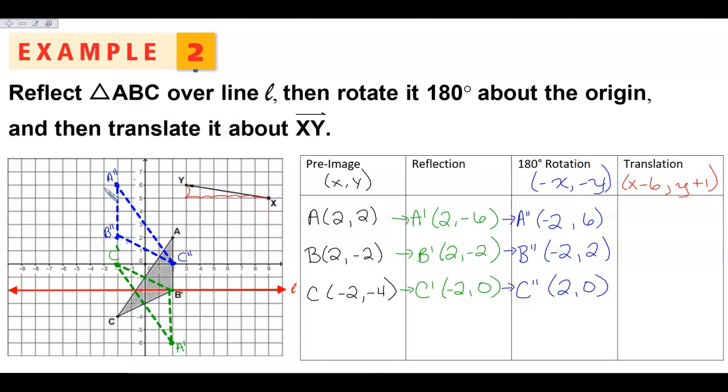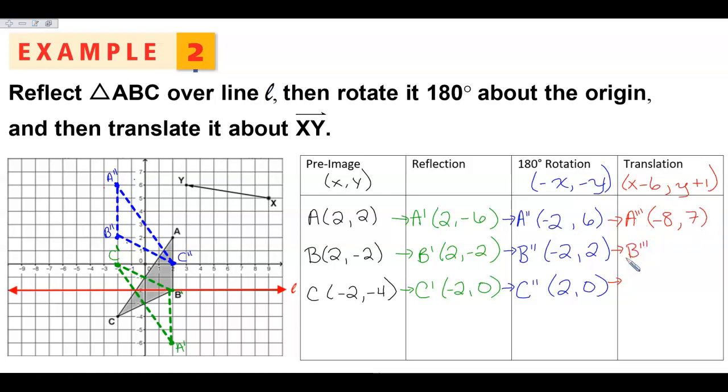So everything on my blue triangle is going to shift to the left 6 and up 1 because that's the way my vector is pointing. All right. So let's take a look here. So my A triple prime, okay, -2 minus 6 is -8. 6 plus 1 is 7.